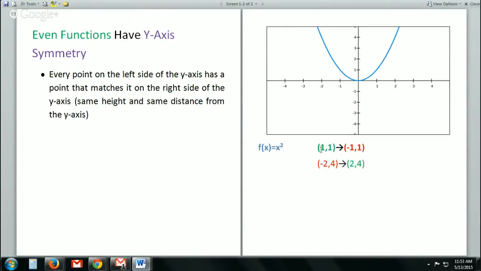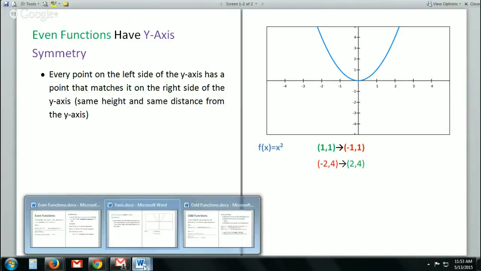So if 1, 1 is part of the picture, it must have negative 1, 1 on the picture as well. If negative 2, 4 is on the picture, it must have positive 2, 4 on the picture as well if it has y-axis symmetry. All functions that have y-axis symmetry are even, and all even functions have y-axis symmetry.